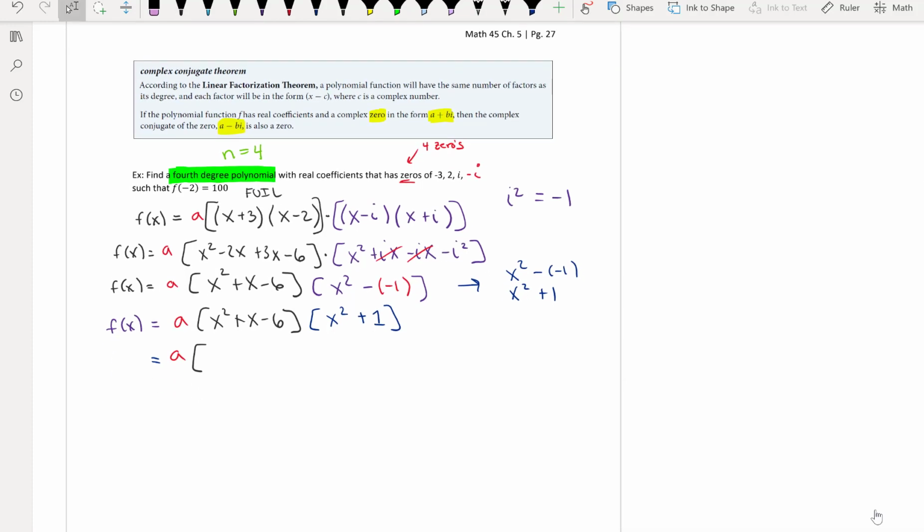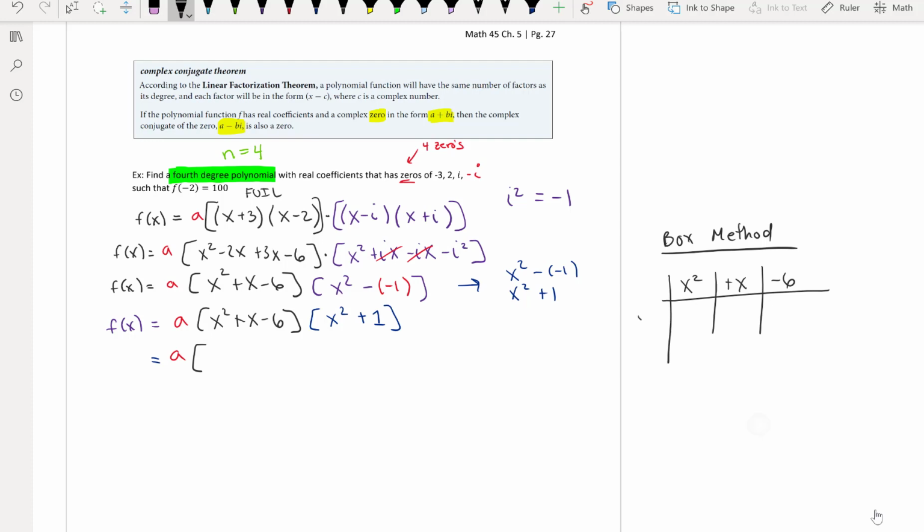And if you like to do the chart method, that's fine, or the box method, or if you like to distribute, that's fine. If you're like, wait, what's the box method? Don't forget the box method you can do over in your scratch work. I can have my x squared, my positive x, and my minus 6.